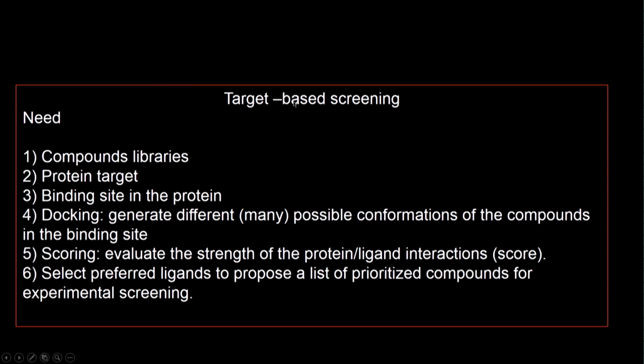So, when we do target based drug design, we need to have a compound library, and we need to get the protein target, which we can get from the PDB. I showed you many compound libraries; we can get the mol2 file or SDF file of the molecule, and we can get the minimum energy conformation.